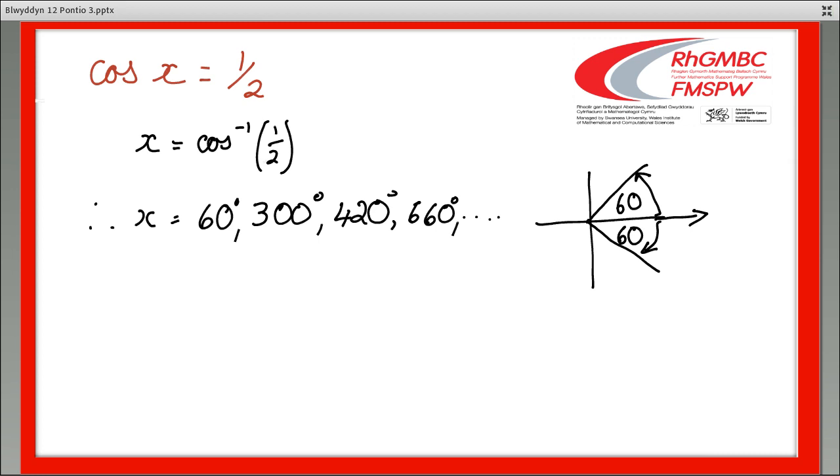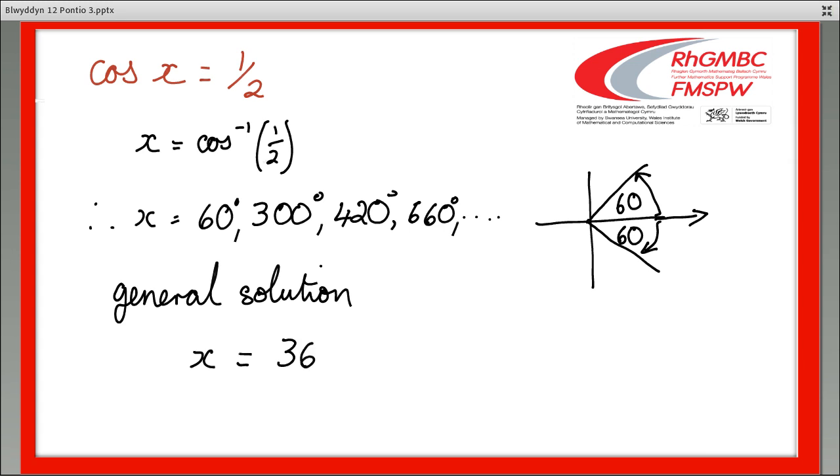Now, the general solution is as follows. X equals 360 degrees multiplied by n, plus or minus 60 degrees.